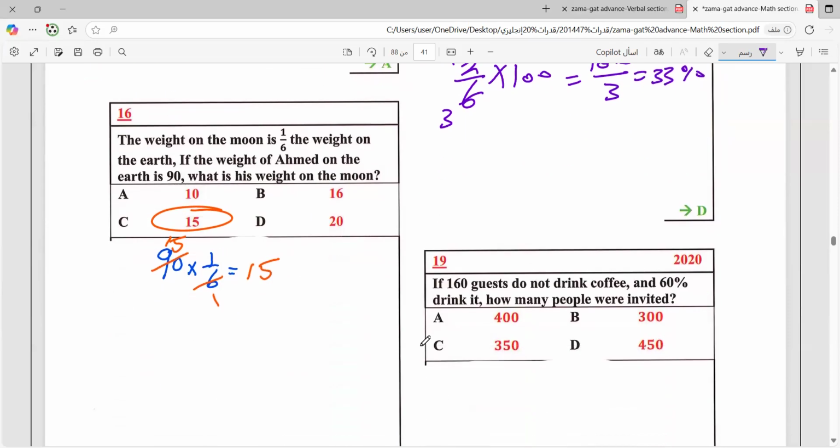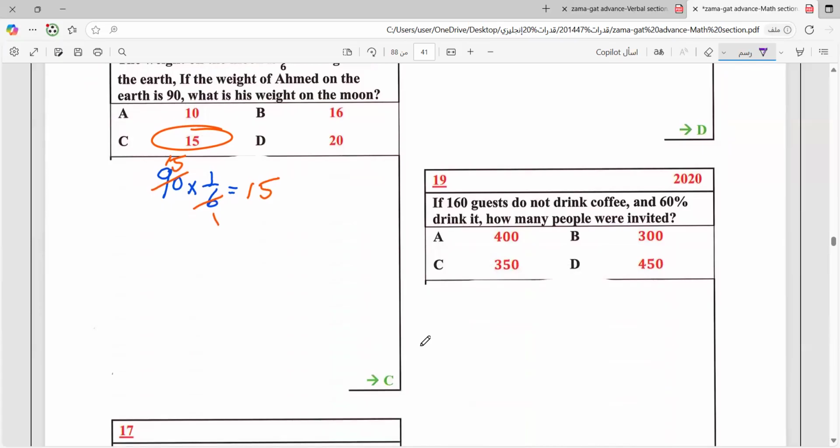Yes. Okay. Number 19, continue, Abdul Mohsen. If 160 guests do not drink coffee and 60% drink it, how many people were invited? So what is the percentage?